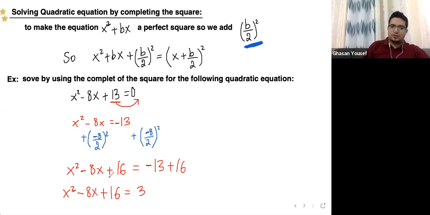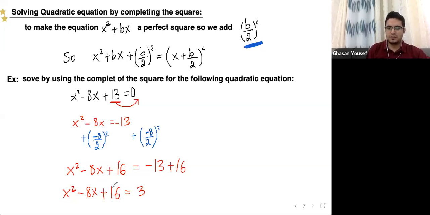Now I should factor this side. What is the factor for x squared minus 8x plus 16? X minus 4, in parentheses squared. This is correct.